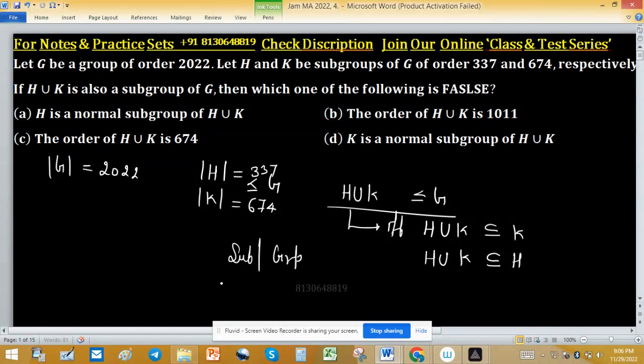So the order of H union K will divide the order of the group, and this is 2022.